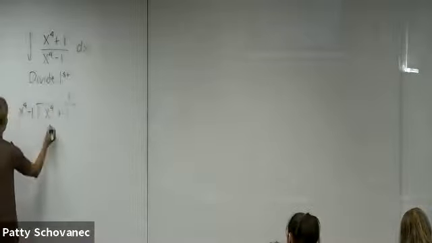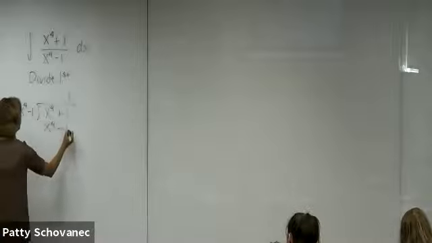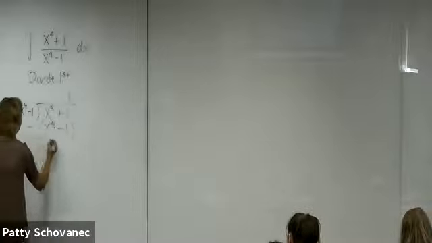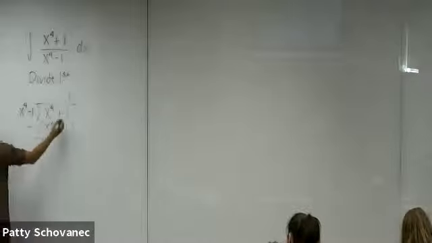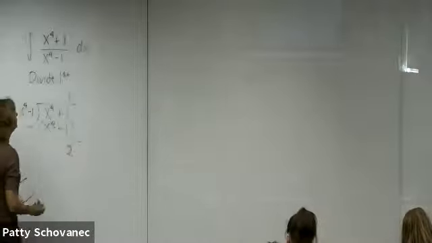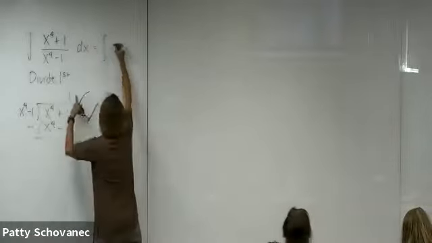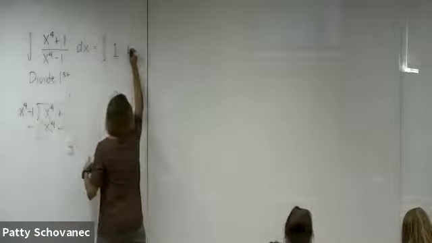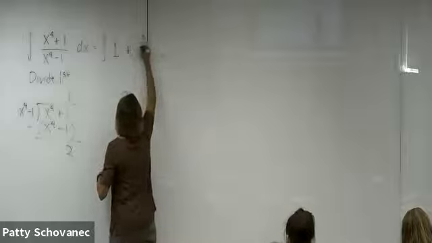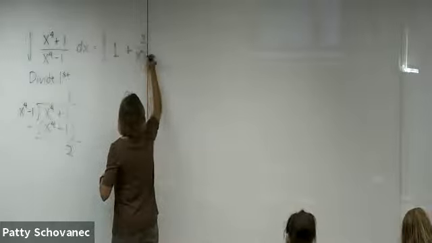Now when I multiply both of those, and I subtract that line from the line above it, then I get a remainder of 2. So this thing looks like the whole part plus the remainder over the divisor.